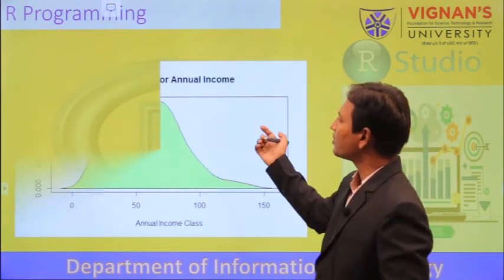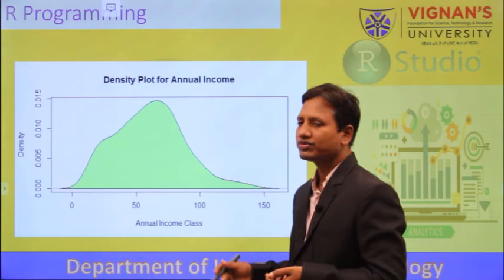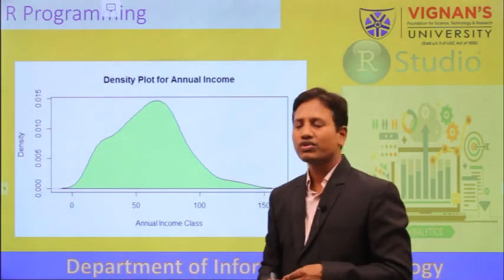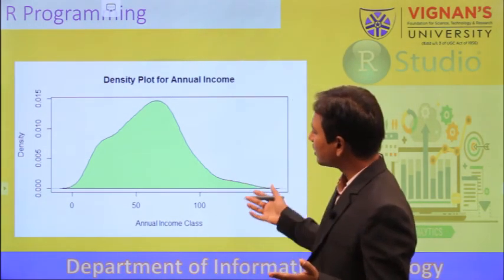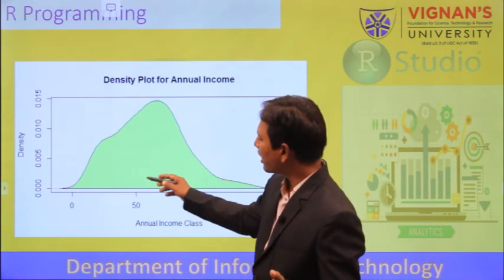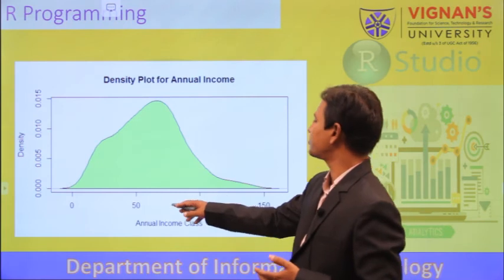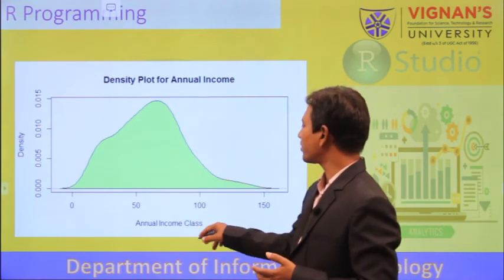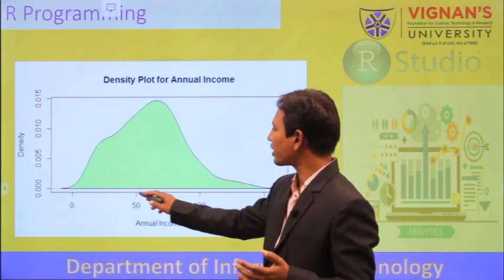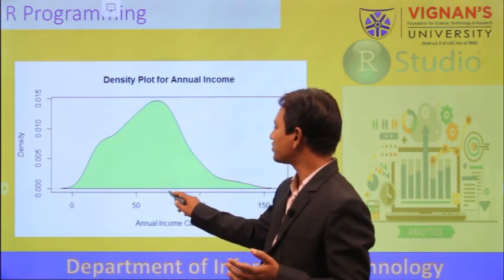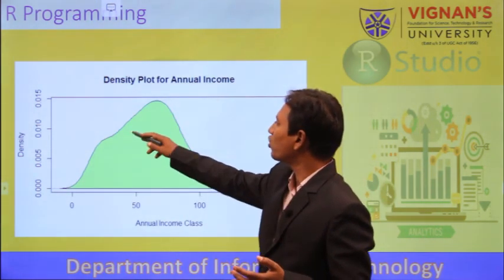So this is how we get the output. Here if you observe, more people are at the central point, the median value of 50 to 60. And for annual income, as we have seen, around 70 or 75 is where more people are.